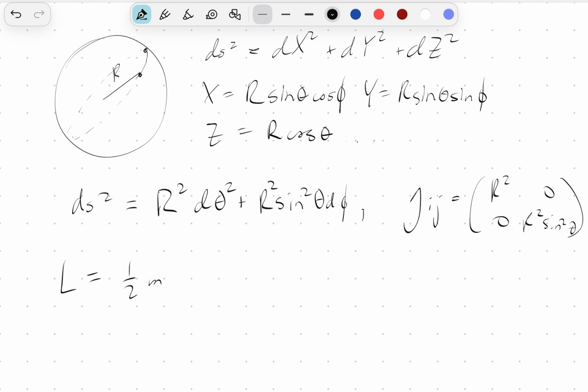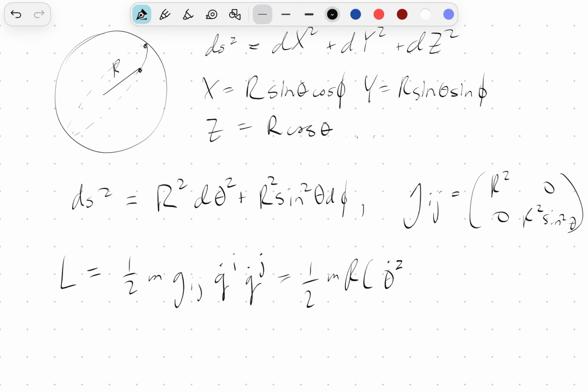And the Lagrangian for a free particle will be 1/2 m with the metric here times our quadratic energy, which would be equivalent to just 1/2 m r squared of the angular velocity, basically, plus sine squared theta, well, really the polar angular velocity and the azimuthal angular velocity.